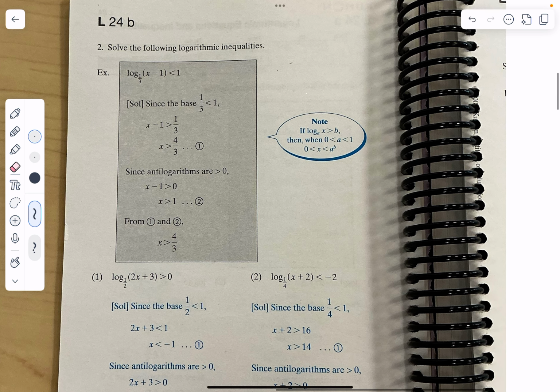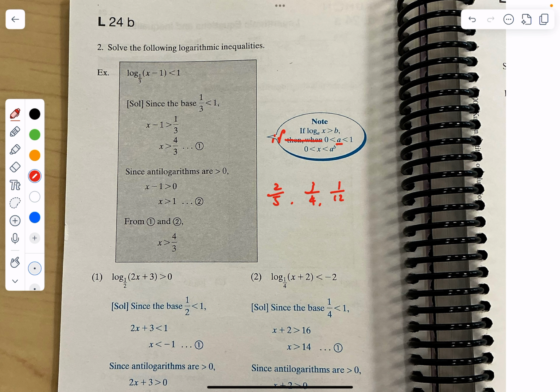The note says if log base a of x is greater than b. So it's very similar to this question. Instead, we're going to do greater than 1, just as an example. If a is in between 0 and 1, so any fraction, let's say for example 2 over 5, 3 over 4, 1 over 12, and so on and so forth.